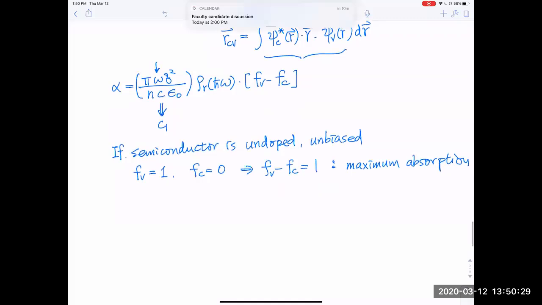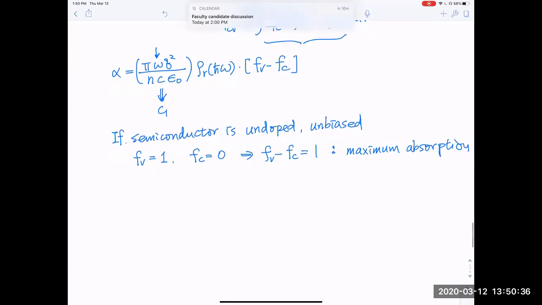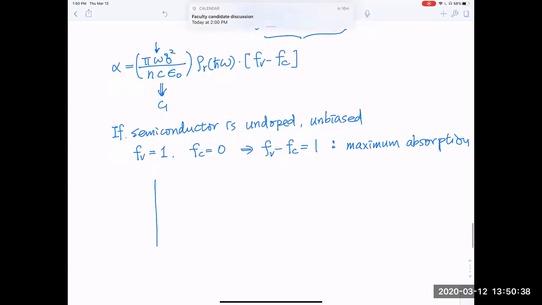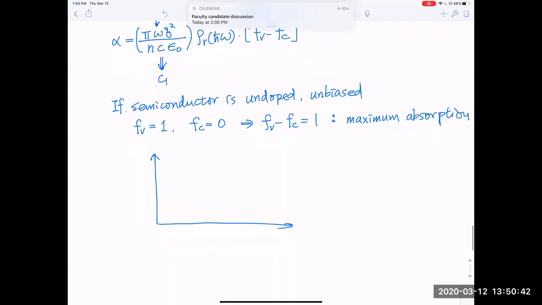And your absorption coefficient, the spectral shape is basically the shape of your reduced density of states. So if you treat your absorption coefficient alpha as a function of h bar omega, the photon energy, your absorption curve is square root.